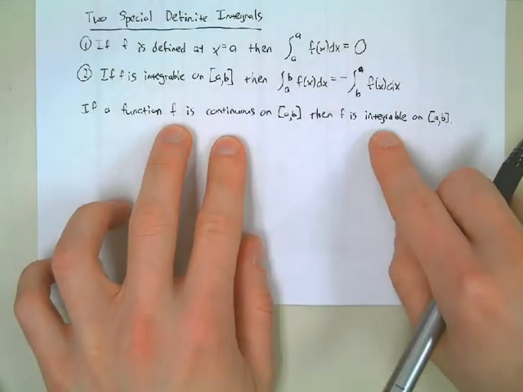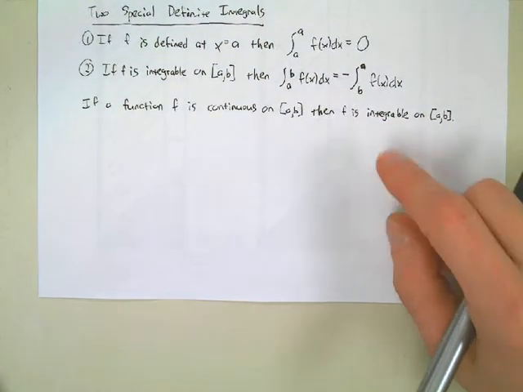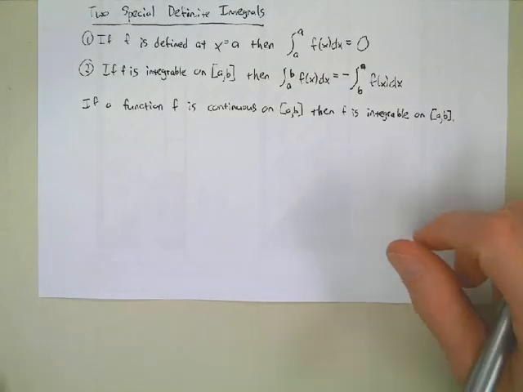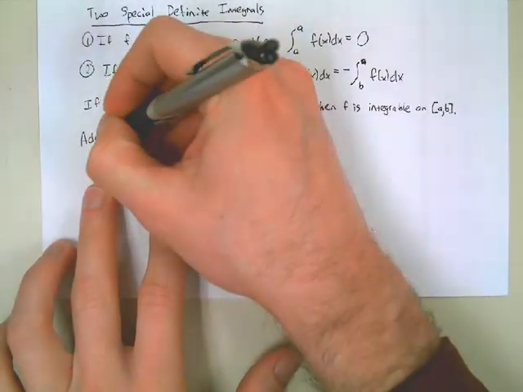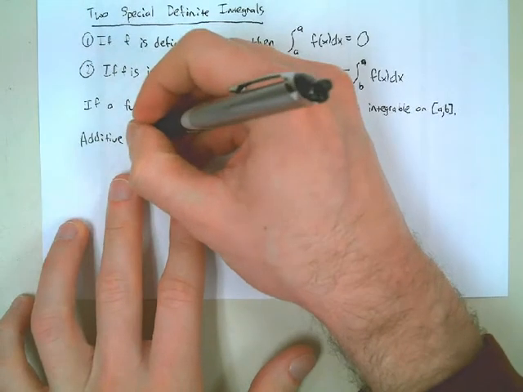All right, last little thing here, and this is called the additive interval property.